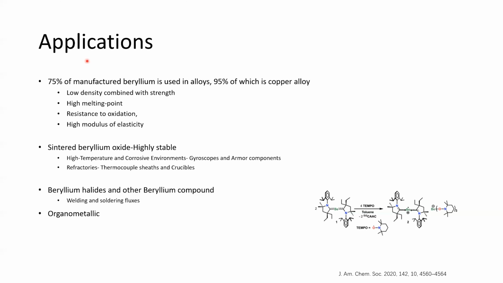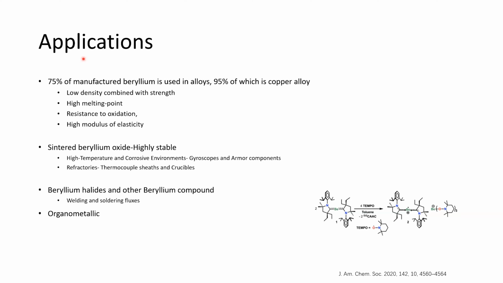Then we will see the applications of beryllium in industry and in our daily life. More than 70% of alloys may combine beryllium, especially copper alloys. The advantage of these kinds of alloys is that they have lower density and higher melting point.